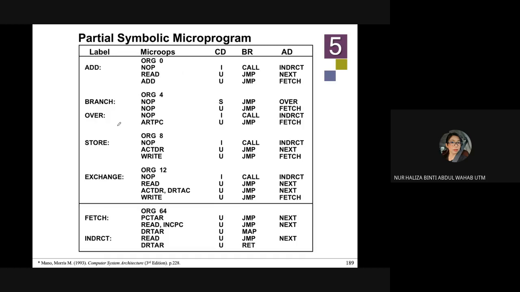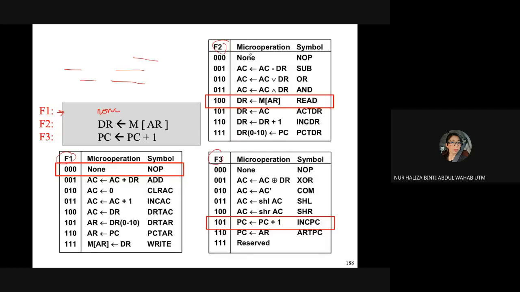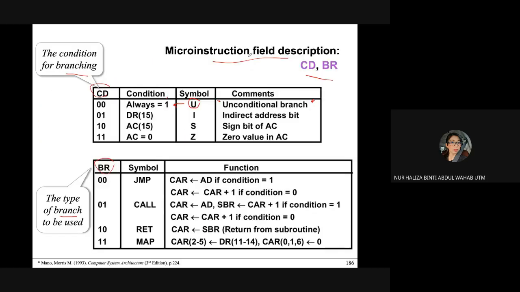Here, you can see there is a table for your CD and BR. Same goes to previous one. You can see, okay, this one, this table. It is for your CD and BR.